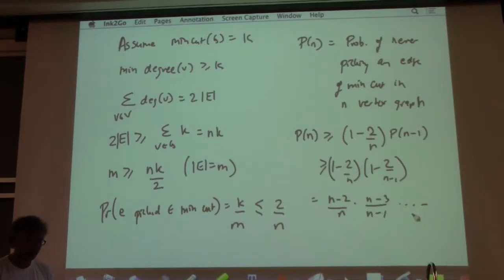This telescopes out, and you end up with something like 2 over n times n minus 1. You have to work it out, but basically the cross terms telescope and cancel out, with 2 left over. So the probability of success of this algorithm is a very, very minuscule 1 over n squared, which is really, really tiny, horrible.